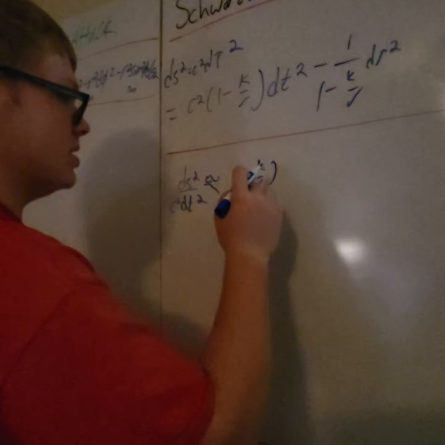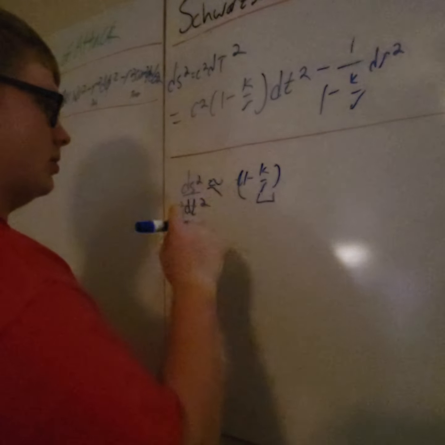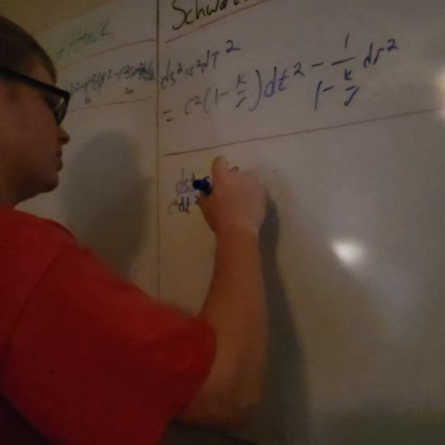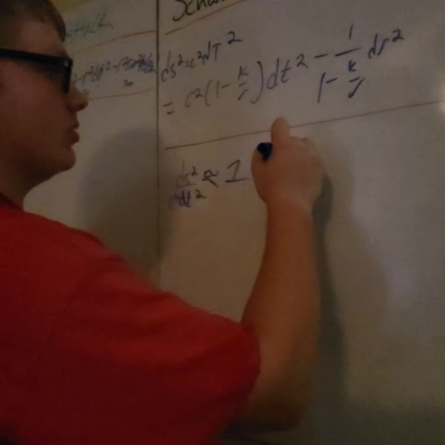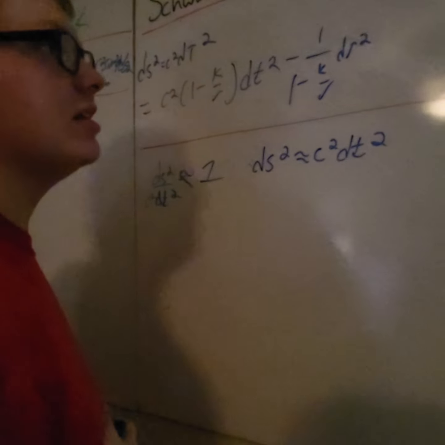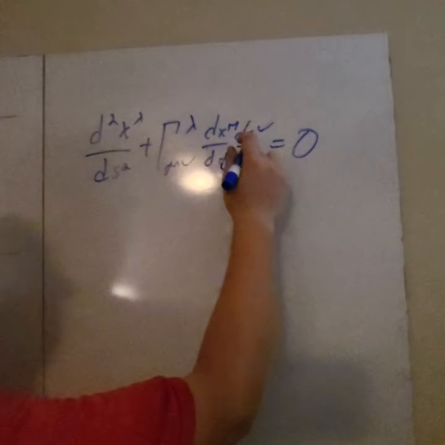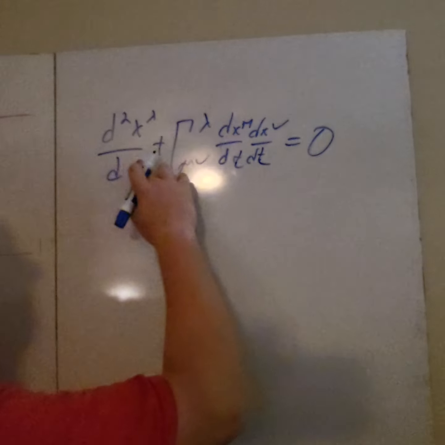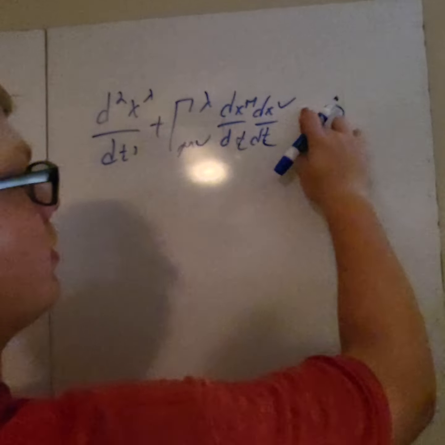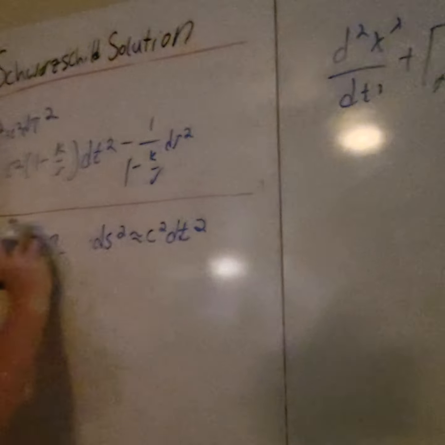And for very weak gravity, this is going to be exceptionally small, so it's approximately 1. So ds squared is approximately equal to c squared times dt squared, which means c dt, and we can pull out the factor of c squared for our purposes.